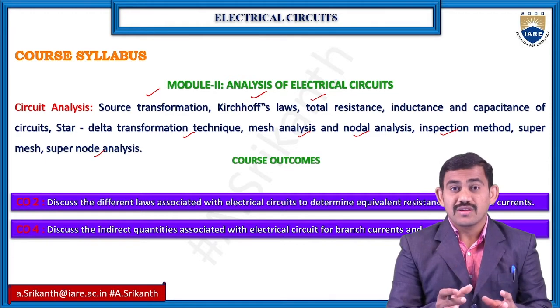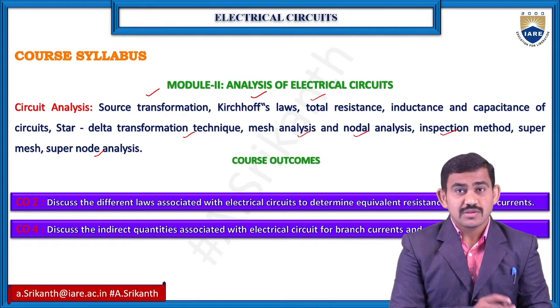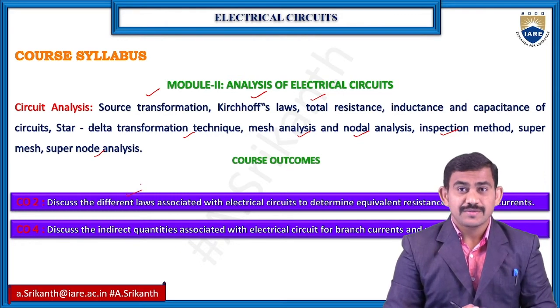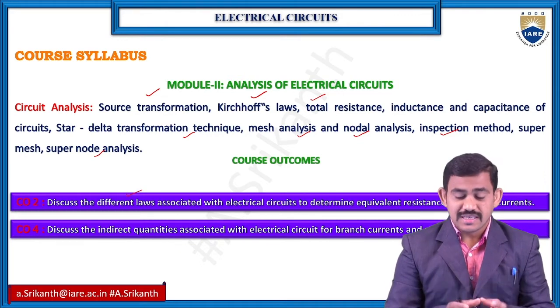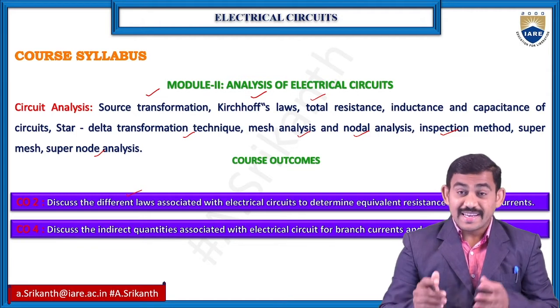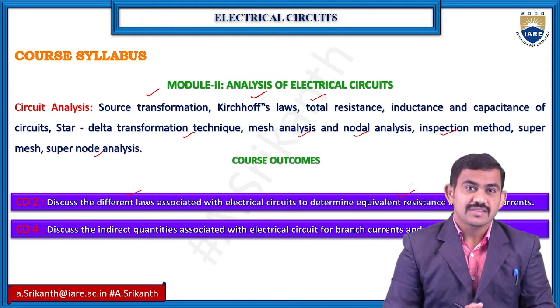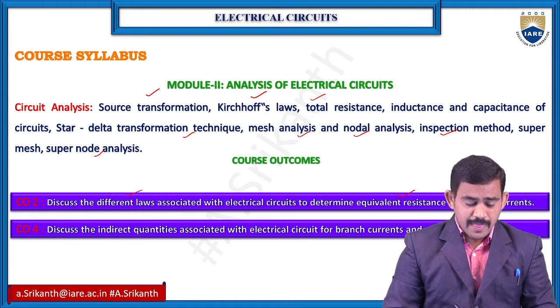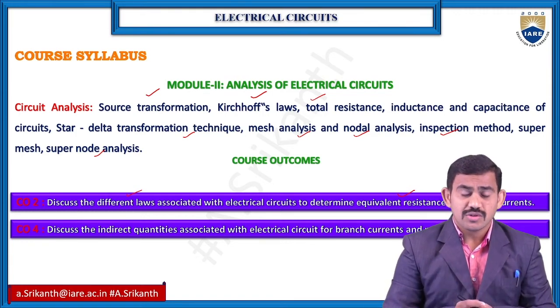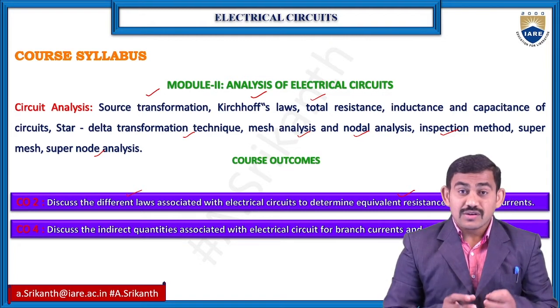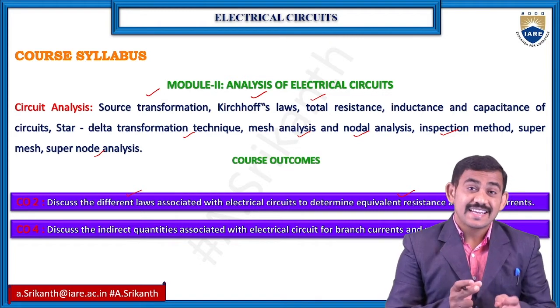From this module I have some outcomes. Same thing, we have some laws here. I will get different law concepts and network reduction techniques, star to delta, delta to star, and equivalent values. All those come under network analysis and network reduction techniques. From this module we have one more course outcome, that is branch currents or nodal voltages using direct techniques.